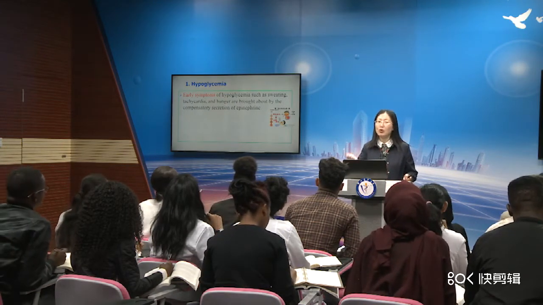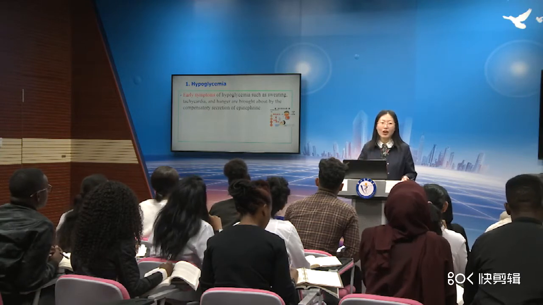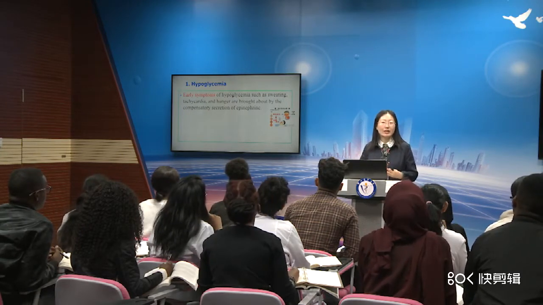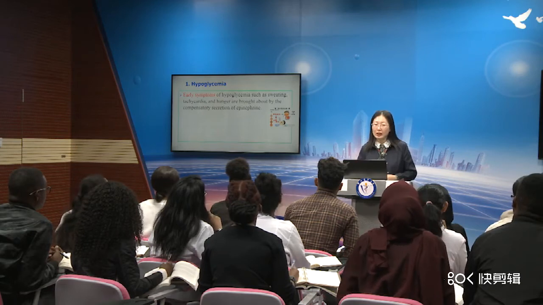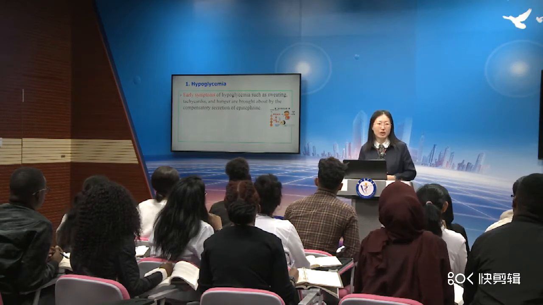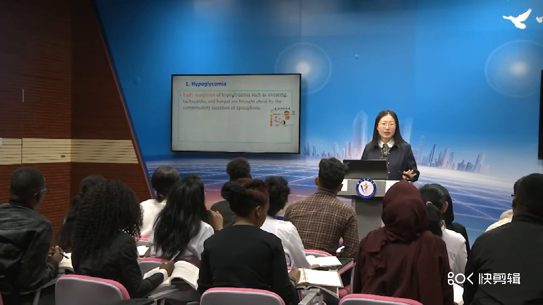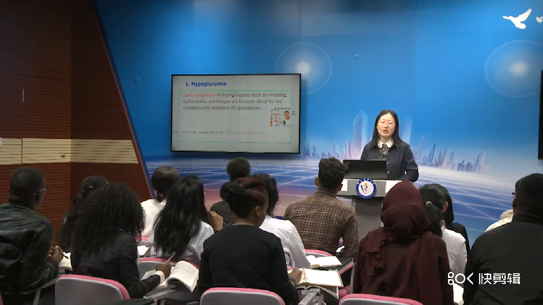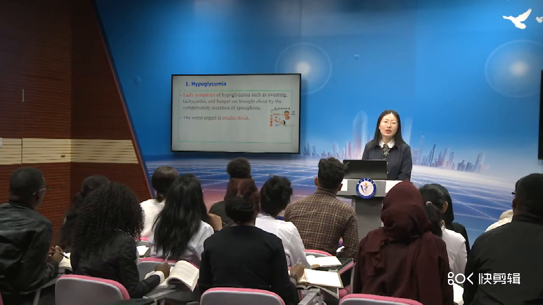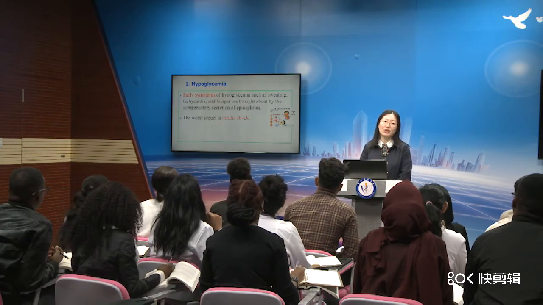They can drink some cola, eat some candy or cake, eat something, and treat it by themselves. And if they don't notice, later the worst sequela of insulin hypoglycemia is insulin shock.